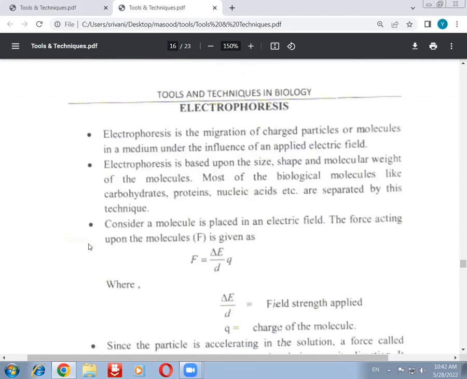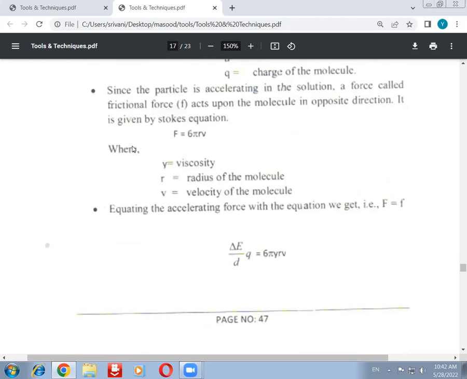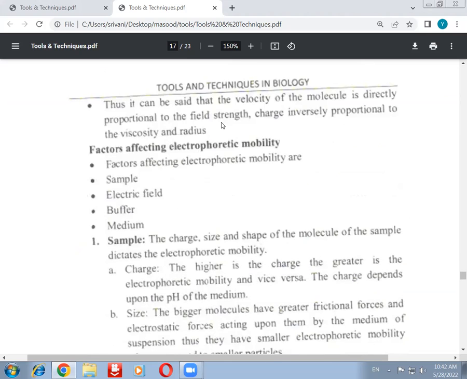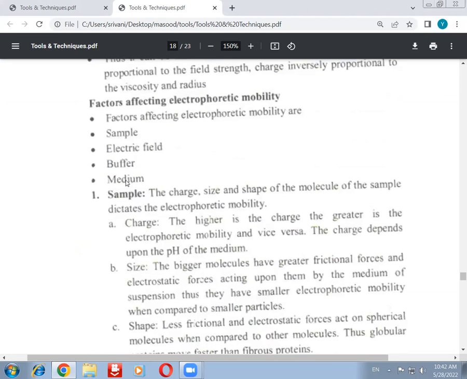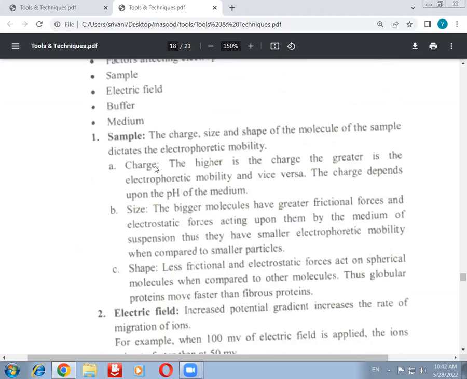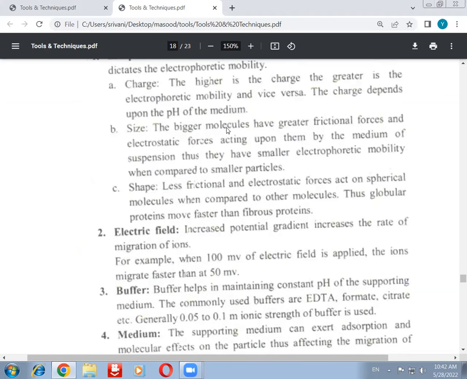Next, electrophoresis. Electrophoresis is the migration of ions under the field. Next, factors affecting the electrophoretic mobility: sample, electric field, buffer, medium. What is the buffer? Buffer is the solution we can prepare in our laboratory. The sample we can also prepare in our laboratory.